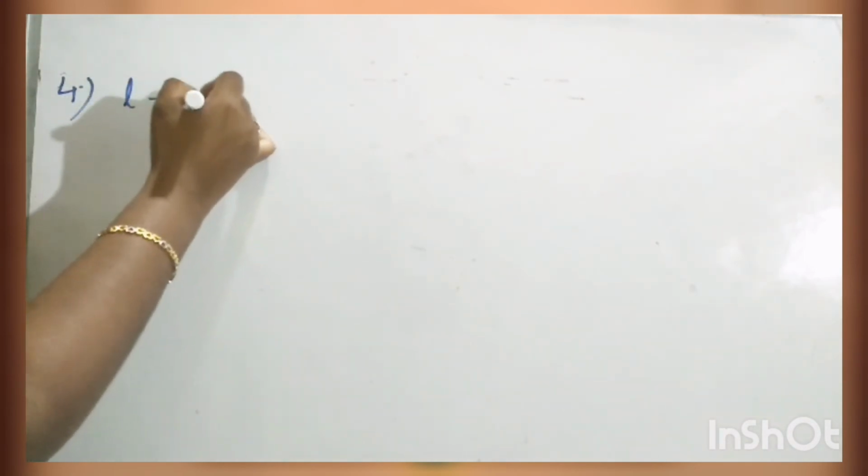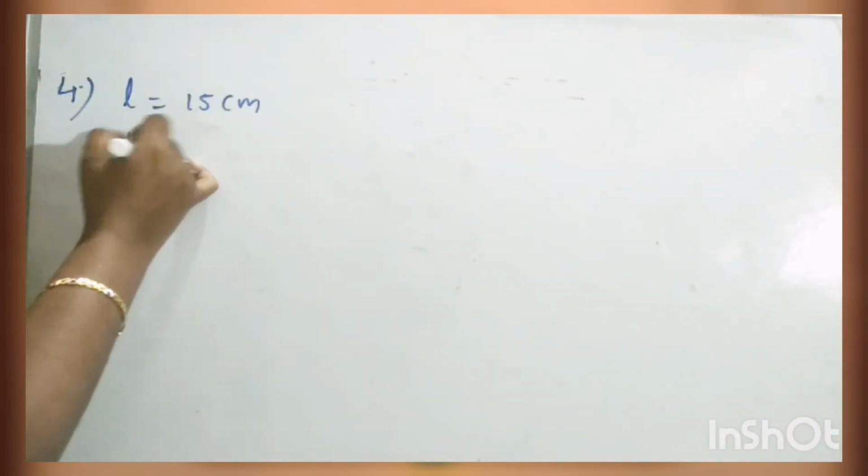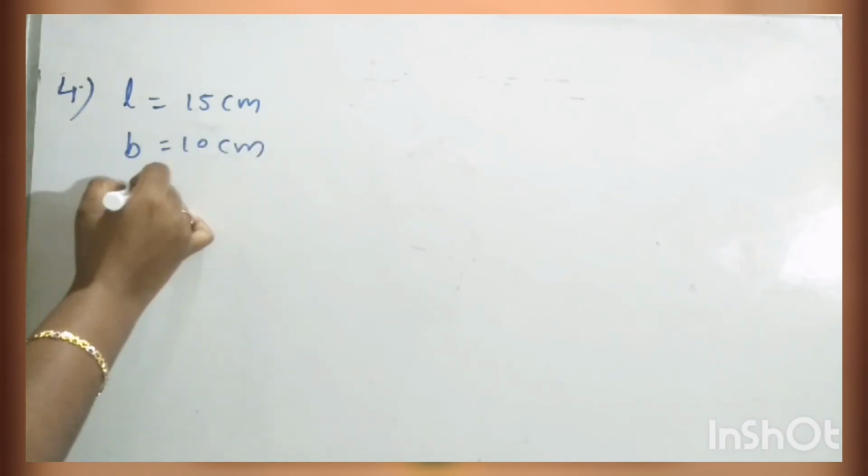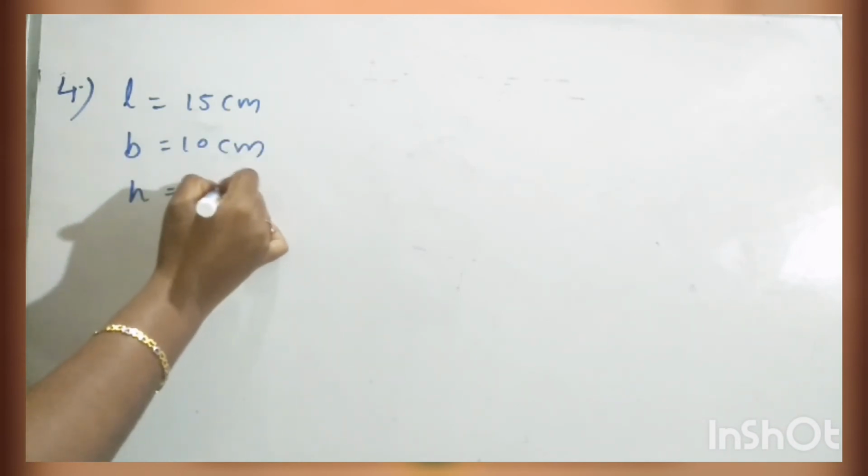So the L, B, H is given in the question. L is equal to 15 centimeter, B is equal to 10 centimeter and H is equal to 3.5 centimeter.